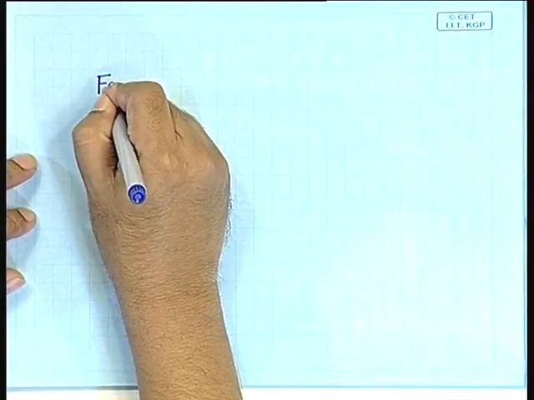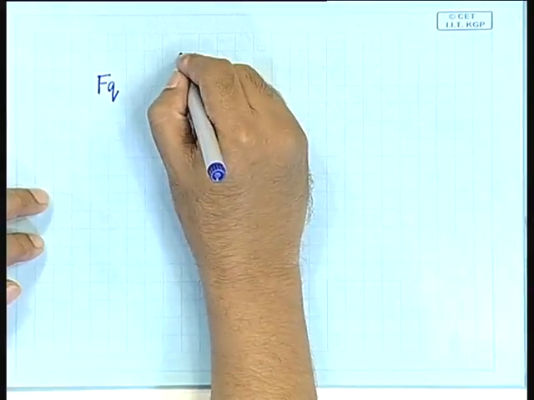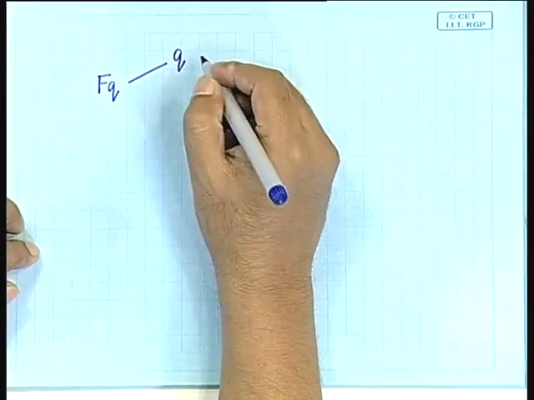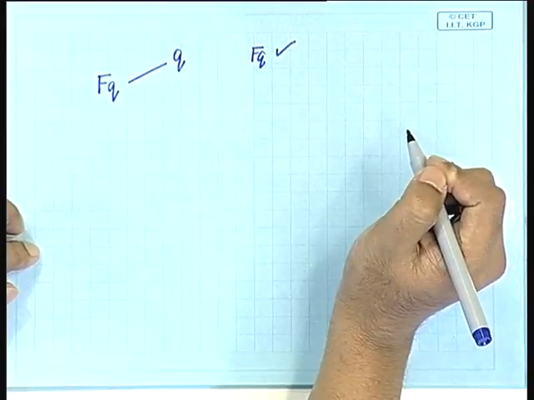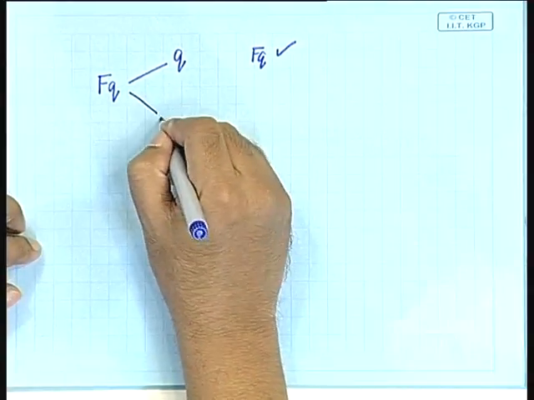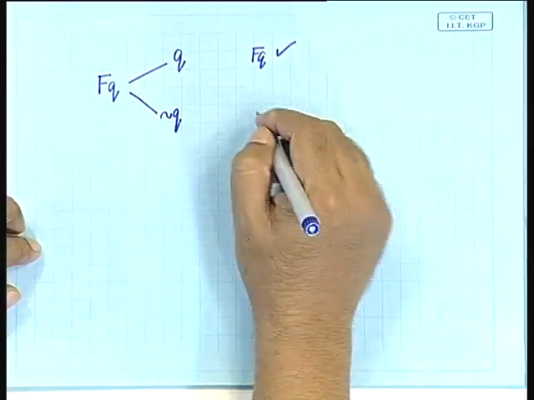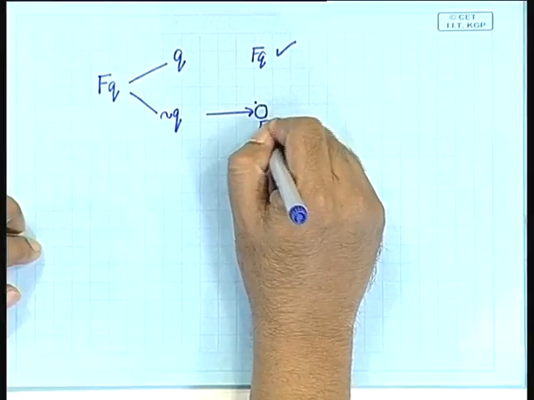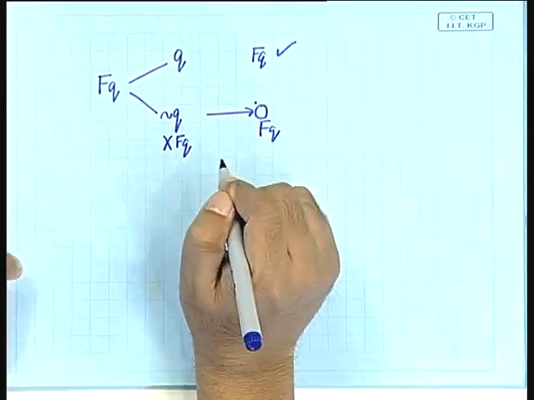For example, when I look at FQ, there are two possibilities. I have Q in this cycle itself. If I get Q in this cycle itself, then FQ is true. If I get not Q in this cycle, then Q is not true in this cycle, so I will have to wait for another cycle. So, in the next state I have to look for FQ. Therefore, here it is XFQ.